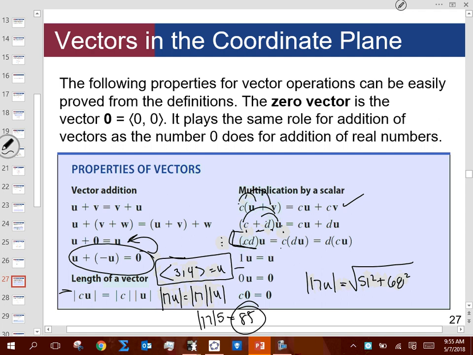We've got the identity of multiplication. Okay. We've got the zero property. The product of a vector times 0 is 0. Okay. And the scalar multiple of the 0 vector. So 3 times 0 gives me 0. So all those properties work.